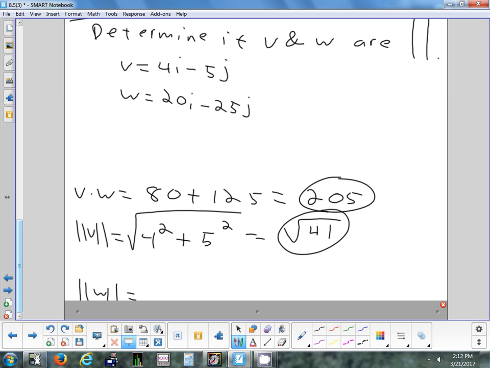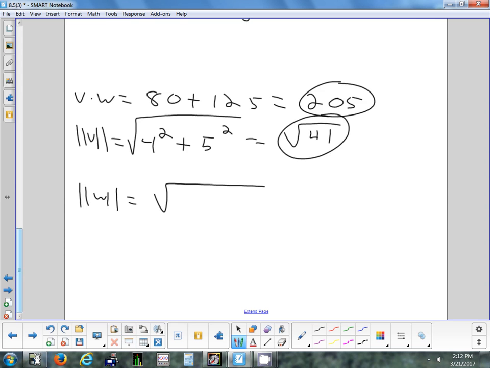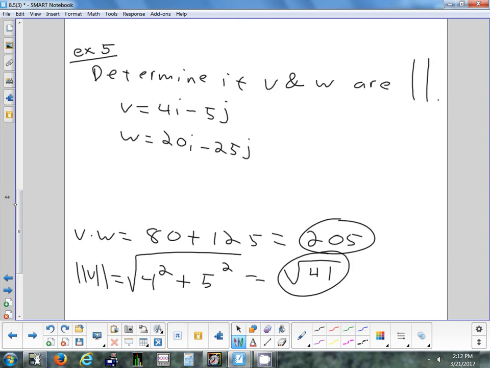And now the last thing I need is the length of W. Okay, Sam, what is 20 squared? Just think of it as 2 squared, but you have to add 2 zeros because it's 20.